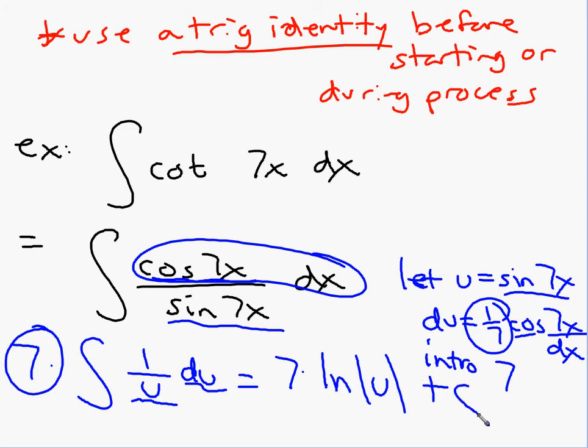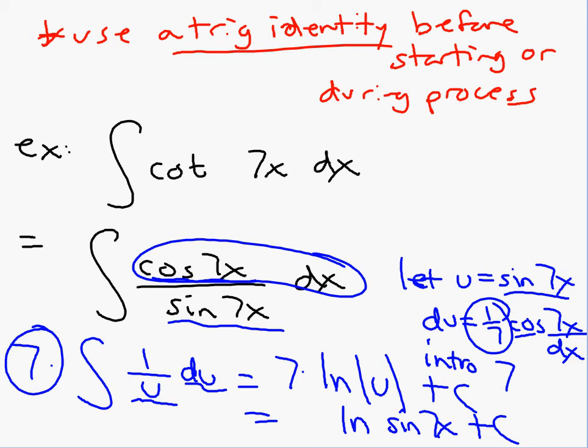And then you can just put your u back in, all right? So your u is going to be the sine of 7x plus c.